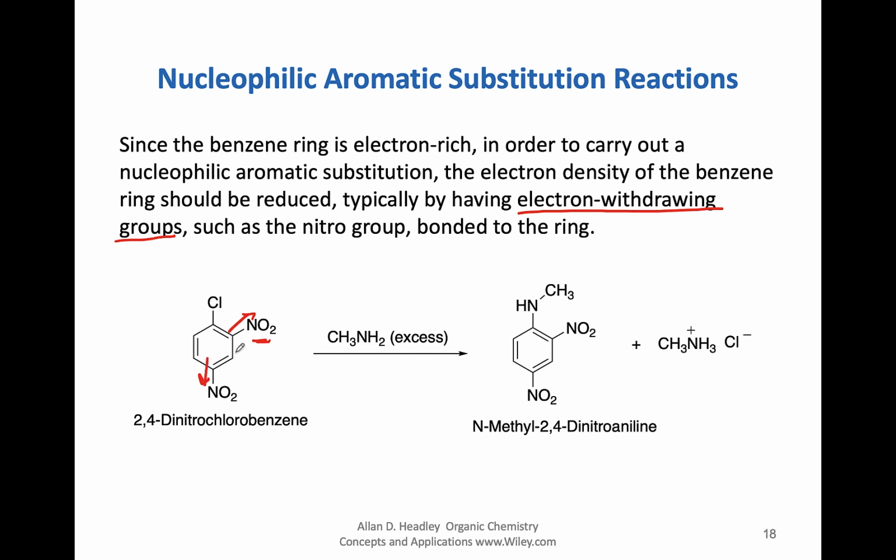So as you can imagine, if you're pulling electrons from the ring, it makes the ring more electrophilic, which means that a nucleophile such as this can come in and kick that out to give this as the product. Typically, we have to apply heat or pressure, and I'll get more into that in a second. So this would be the substitution product, because we have a good leaving group here, and we have a nucleophile here. We have electron withdrawing groups pulling electrons away from the ring, so the reaction can occur.